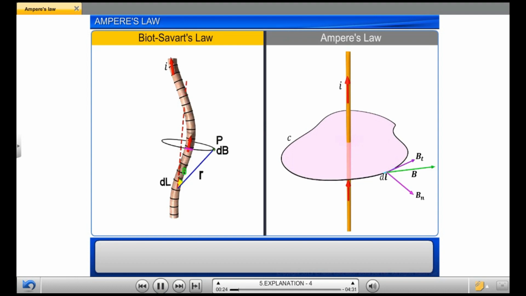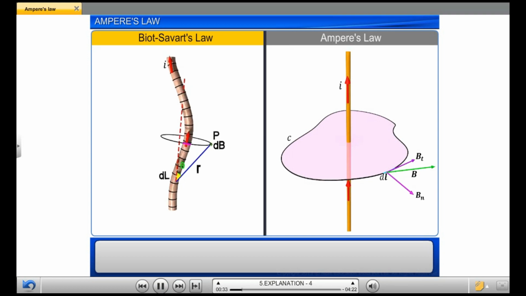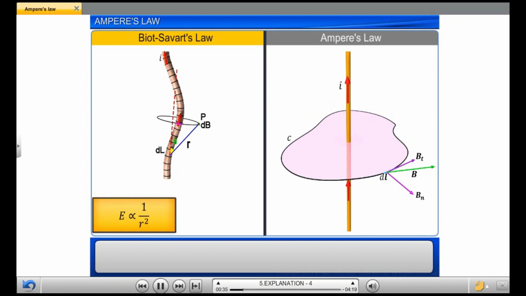According to Coulomb's law, electric field strength at a point due to a charge is inversely proportional to the square of the distance from the charge to the point, that is, E is inversely proportional to R square. According to the Biot-Savart law, the magnetic induction at a point due to the current-carrying conductor is inversely proportional to the square of the distance from the conductor to the point. That is, B is inversely proportional to R square.